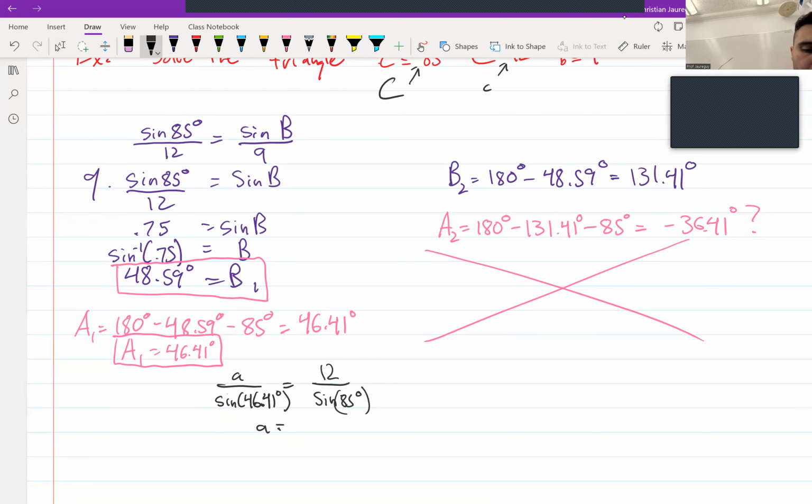So I put this in. A equals 12 over sine of 85 degrees times sine of 46.41 degrees. A equals 8.72.